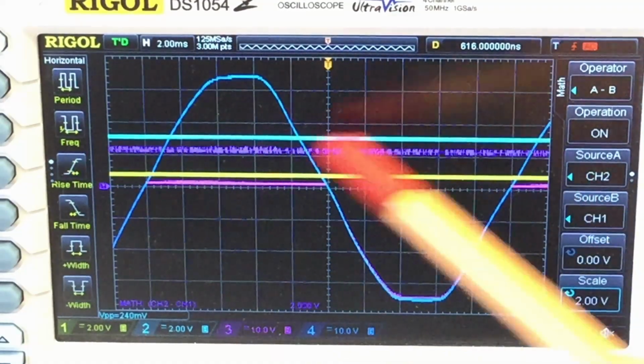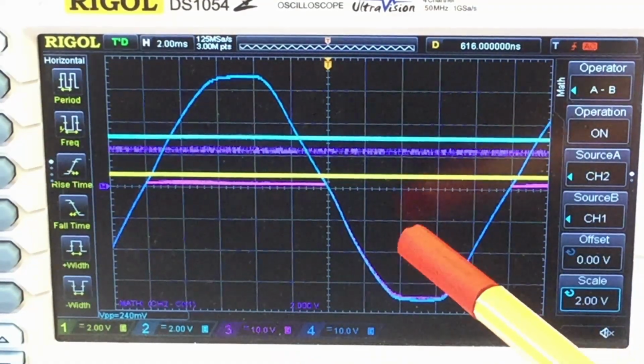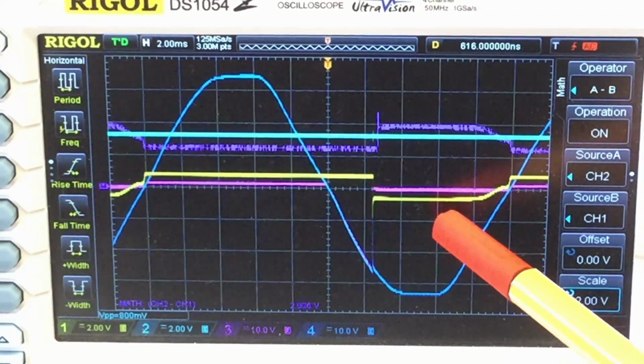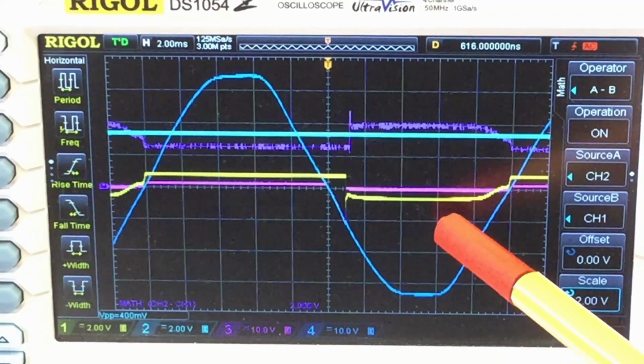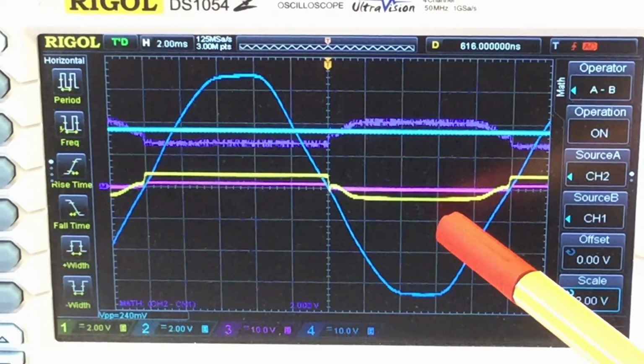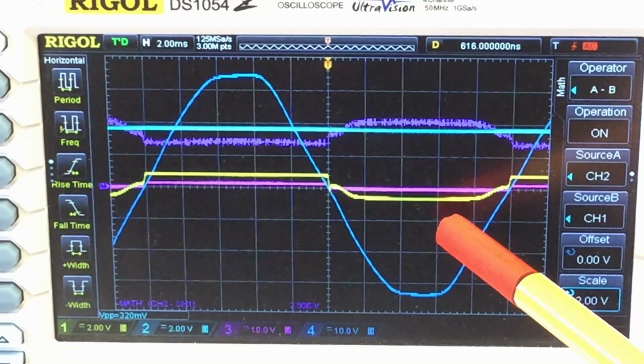And our gate current is constant. If I increase the gate current again, an interesting thing happens until I reach enough current to switch it fully on, 7 milliamps that was.